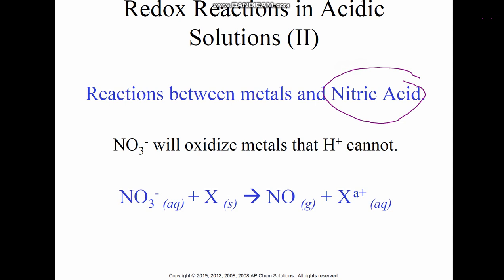So when there is a reaction between a metal and a nitric acid, the nitric acid is going to oxidize those metals. If it is a very dilute nitric acid, you'll end up with nitrogen monoxide as a product, but you could also end up with nitrogen dioxide as a product as well.